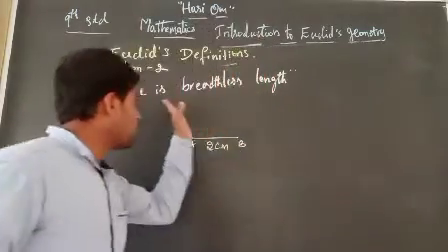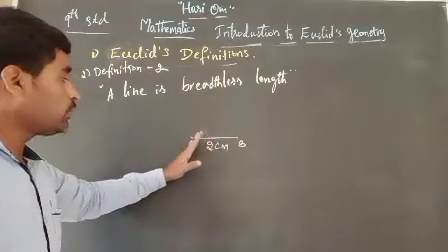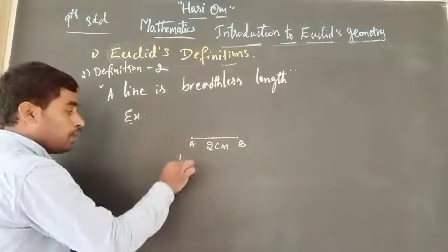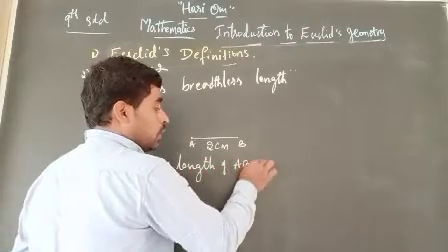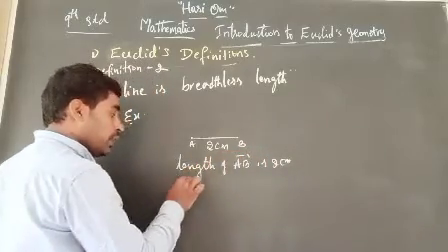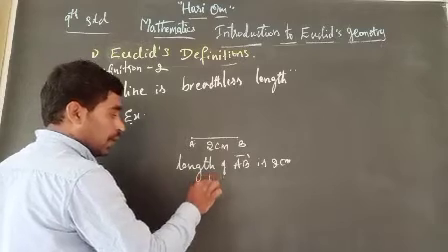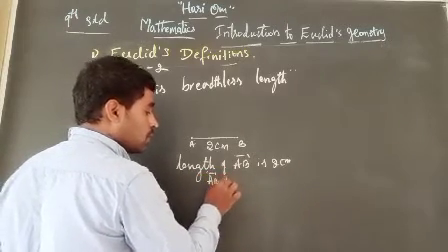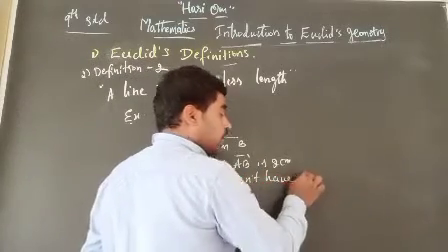So, as given, a line is breadthless length. If we take the example AB, the length of AB we can take as 2 centimeters, but the line segment AB does not have any breadth.